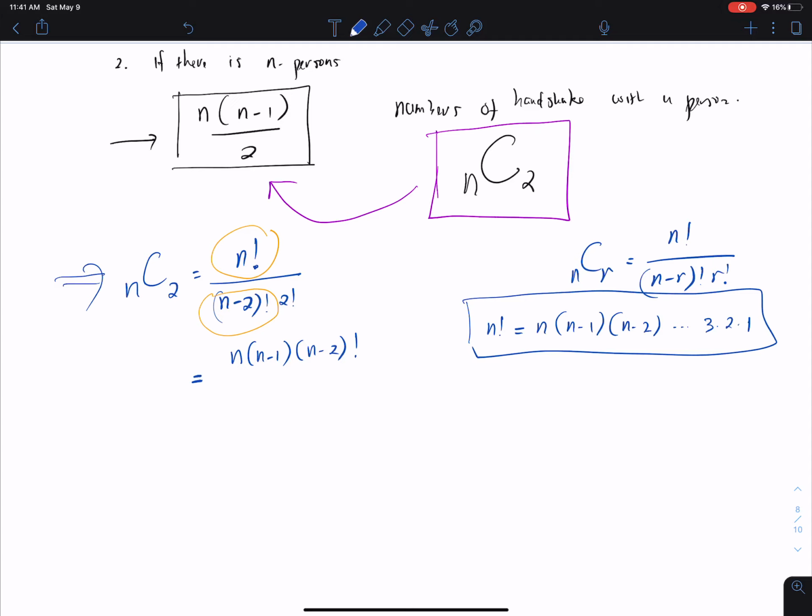I will not continue until 3, 2, 1, because on the bottom I have the same factor, n minus 2 factorial. So I will keep it until n minus 2 factorial over here, and then the 2 factorial is equal to 2.